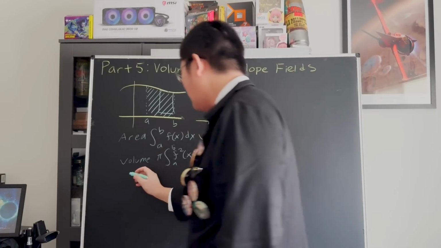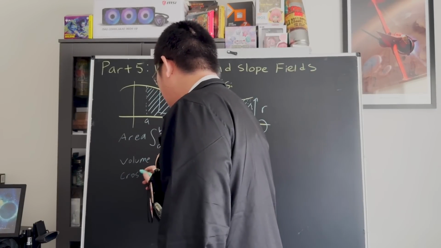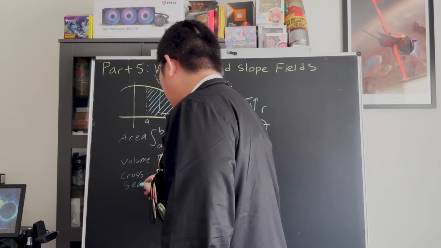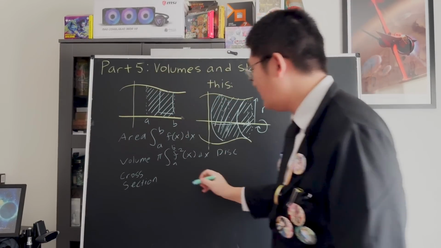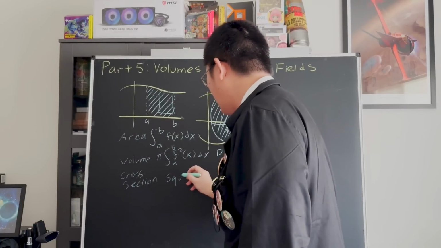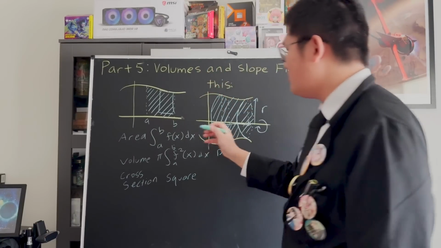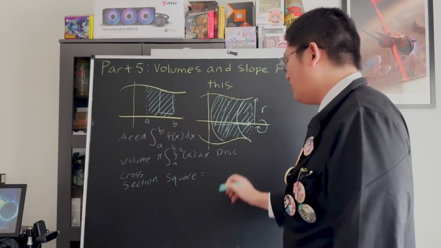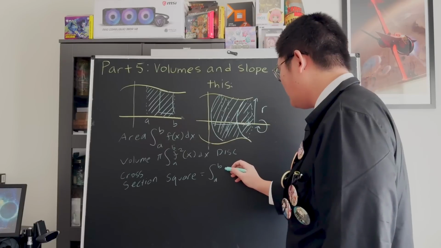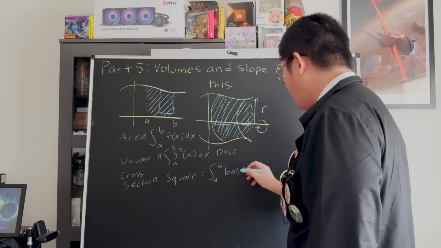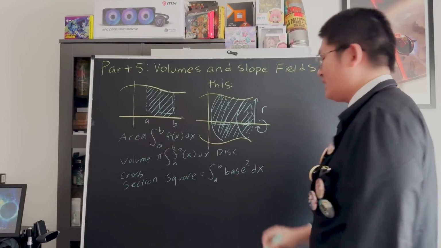Well, in that case, the idea of a cross-section is that if we were to cut it down, a cross-section is going to pull squares off of it. If we are dealing with that sort of a volume, that volume is going to be the same exact integral. It's just that it's going to be the base, squared, with respect to x.